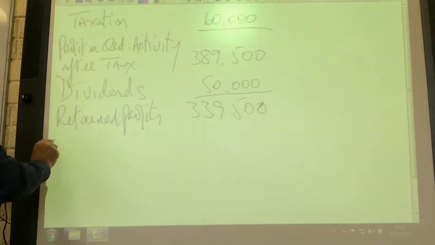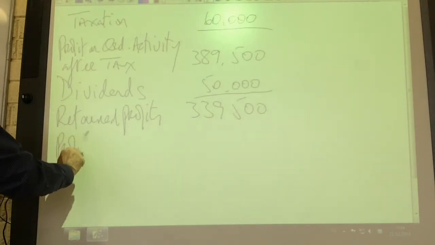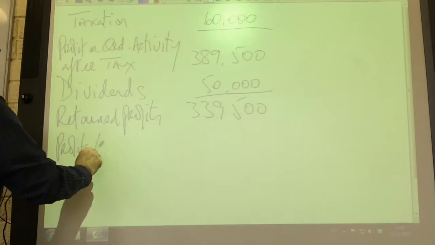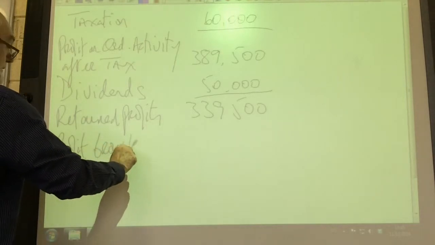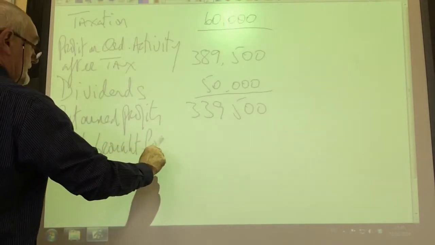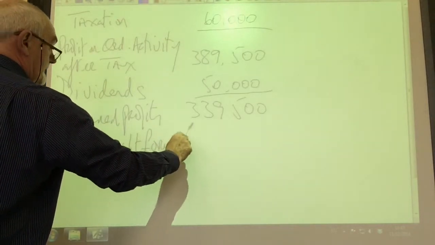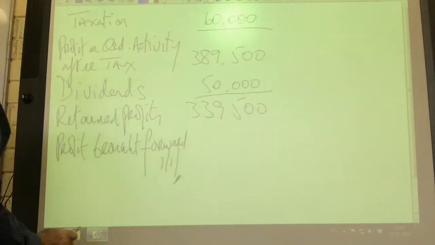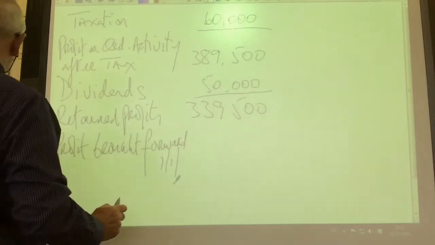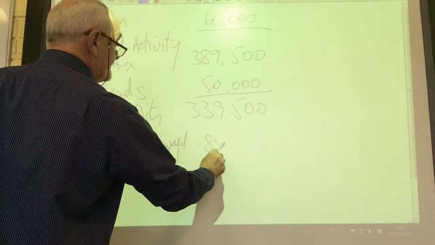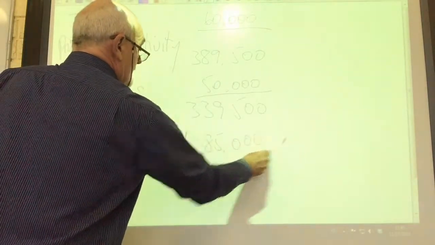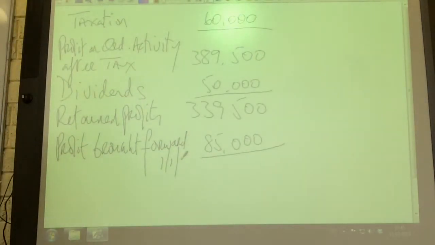That's our P&L balance. Profit brought forward on the 1st of the 1st. We add 85,000. That's profit left over from previous years.